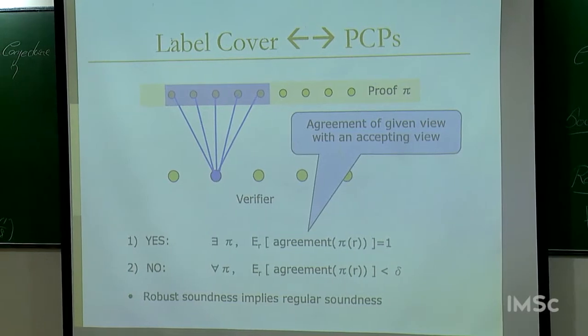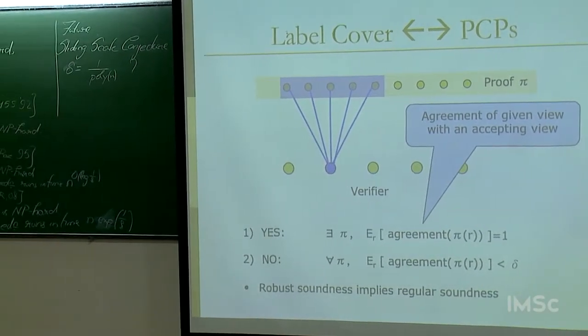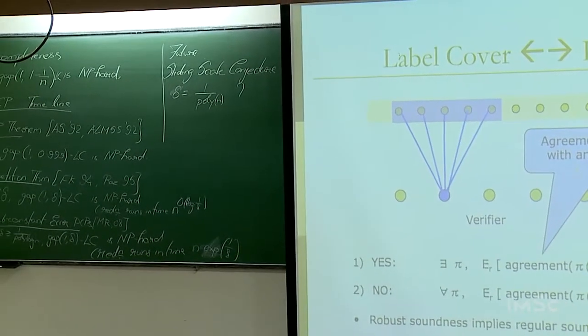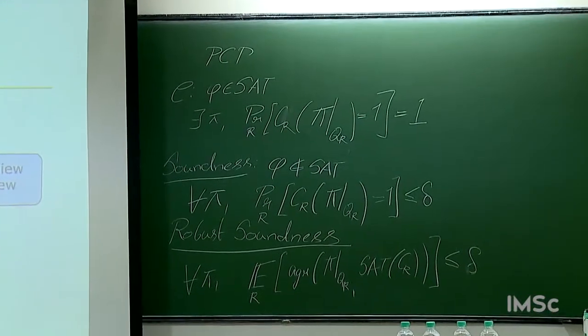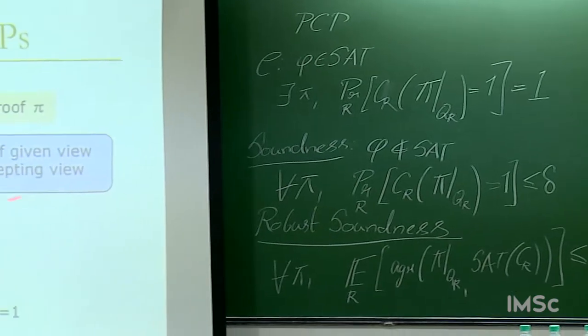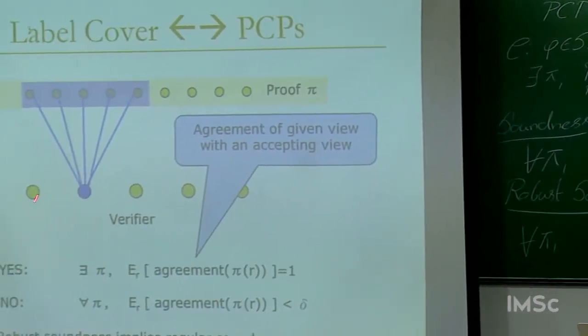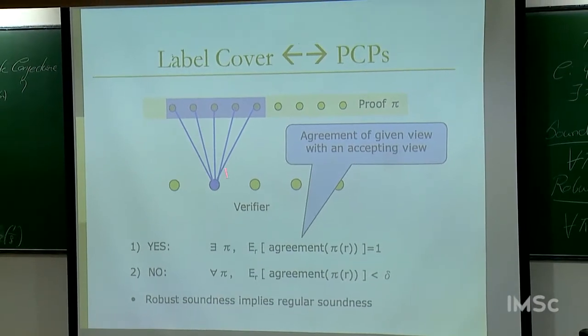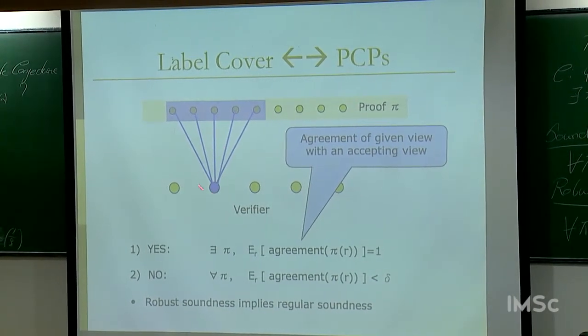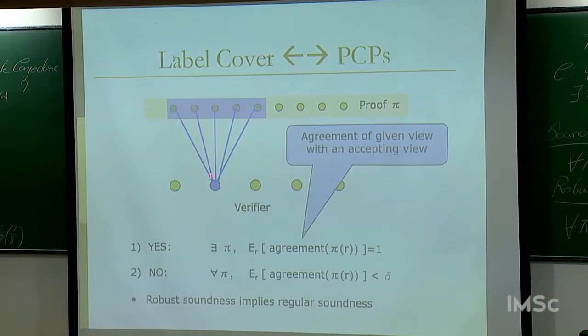This says that if I have this label cover and I have a PCP of this form with the stronger soundness property, it's easy to check that this process is actually invertible. You create a label cover instance in which each vertex corresponds to the random coins, and then you put edges only if those random coins probe those locations, and you have exactly this process.